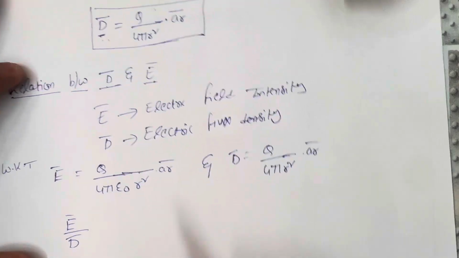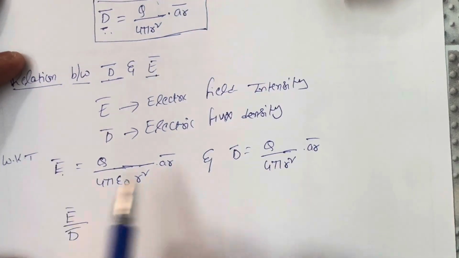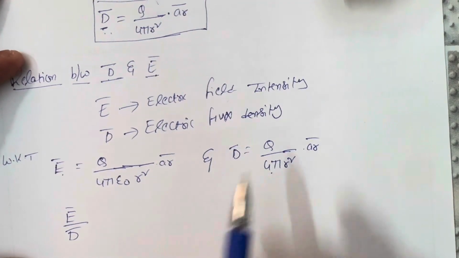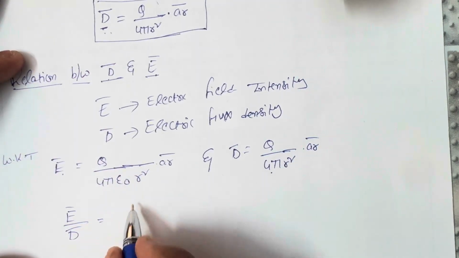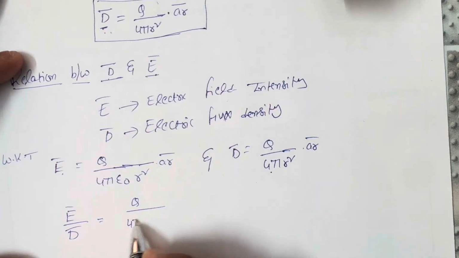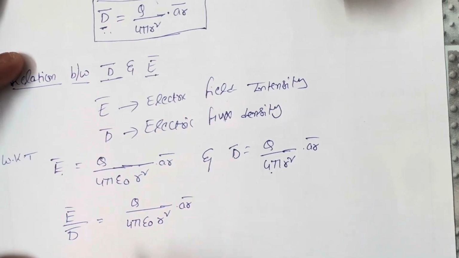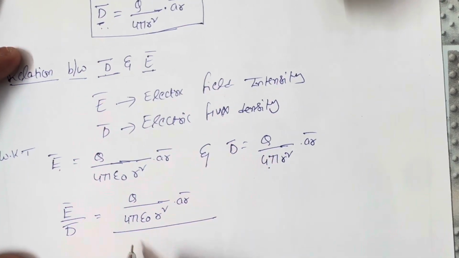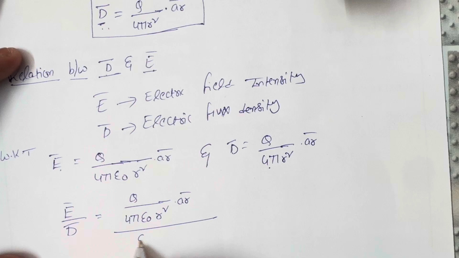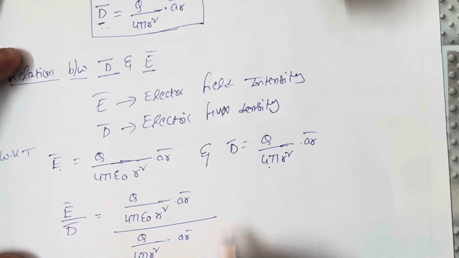E bar is Q by 4 pi epsilon naught R square into AR bar, and D bar is Q by 4 pi R square into AR bar.